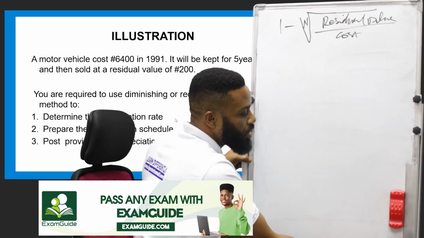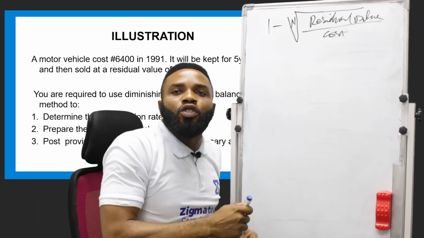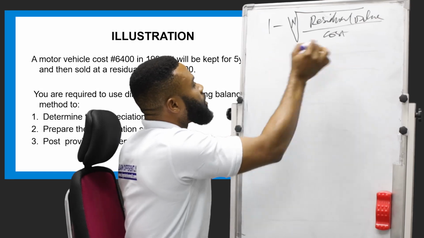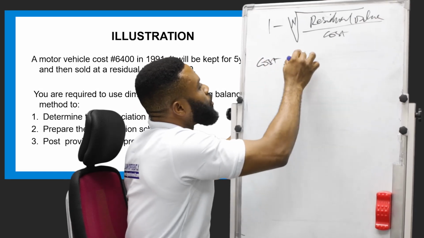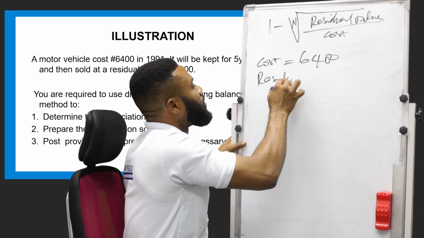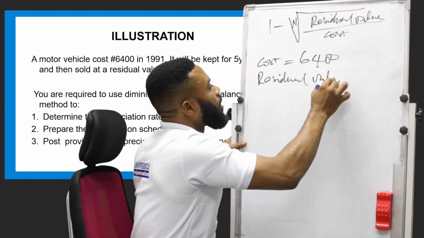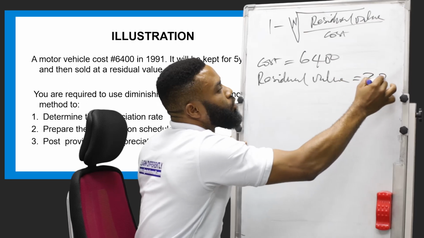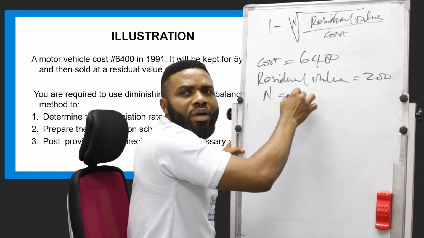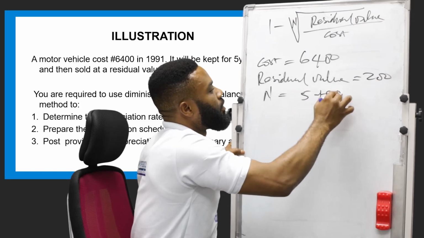Now, the illustration says that the motor vehicle cost 6,400. So your cost here is equal to what? 6,400. Residual value is equal to what? 200. While your n is equal to what? How many years? 5 years.